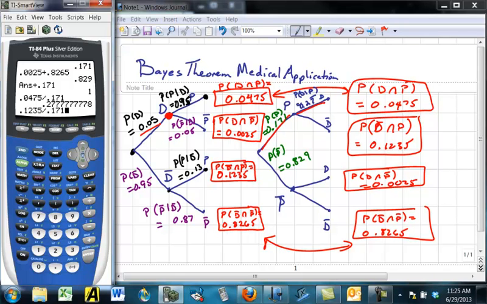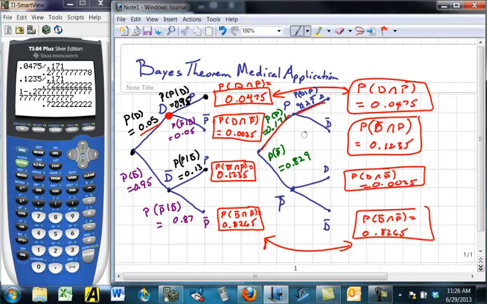Or we can just do 1 minus the 0.27 repeating, which is 0.72 repeating. And that's the probability that you don't have the disease given that you test positive.